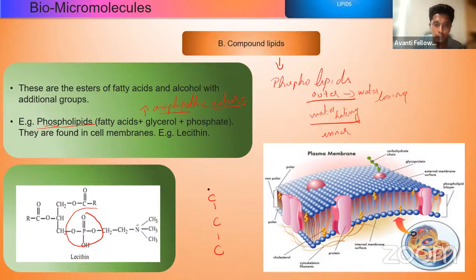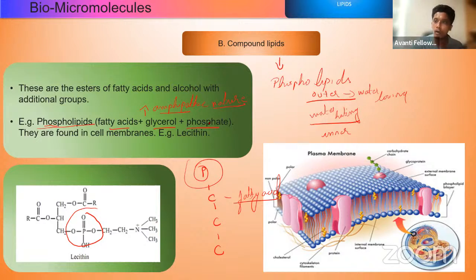So to this, you have a phosphate molecule attached, and then let us say you have a fatty acid attached here. Whenever you have a fatty acid chain and a phosphate molecule attached, their chemical structure is quite different from what we call phospholipids. So you can see here, fatty acid plus glycerol plus phosphate groups will give you phospholipids.